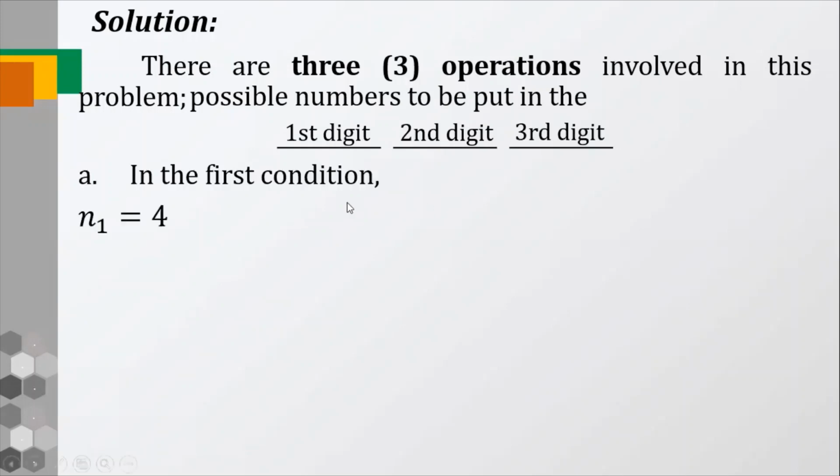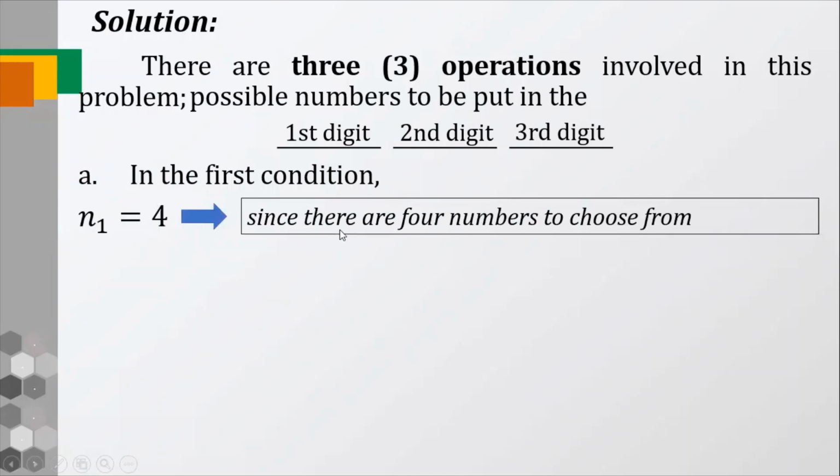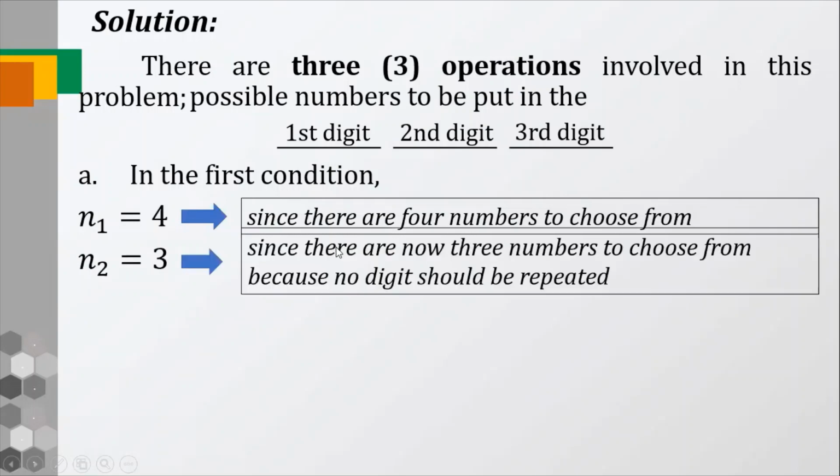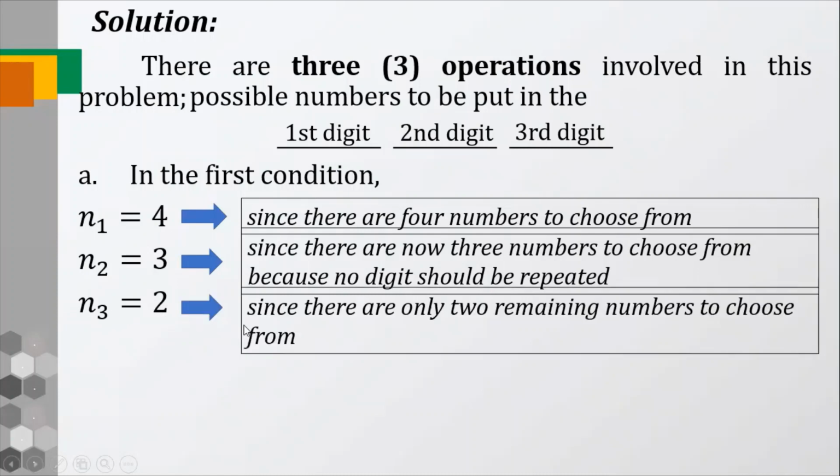For the first condition, we have n sub 1 is equal to 4, since there are 4 numbers to choose from. n sub 2 is equal to 3, since there are now 3 numbers to choose from because no digit should be repeated. And then we have n sub 3, which is equal to 2, since there are only 2 remaining numbers to choose from.